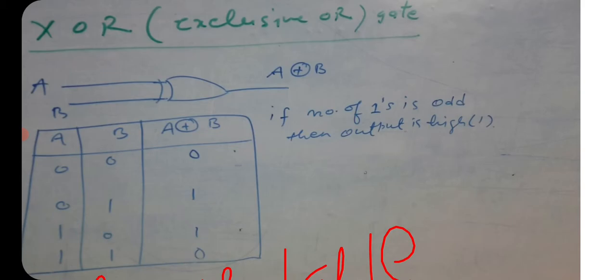That means in our input, if the number of 1s is odd, then it produces the result as high, otherwise the result will be low. And this is the symbol of the XOR gate, the plus symbol in a circle.